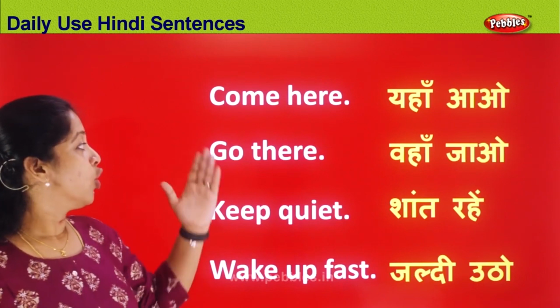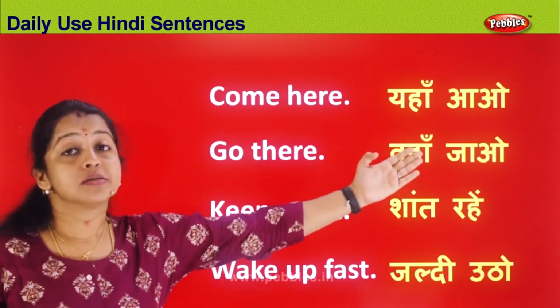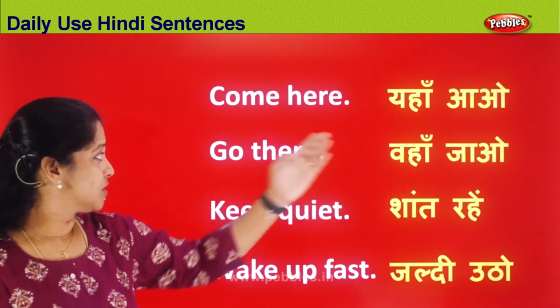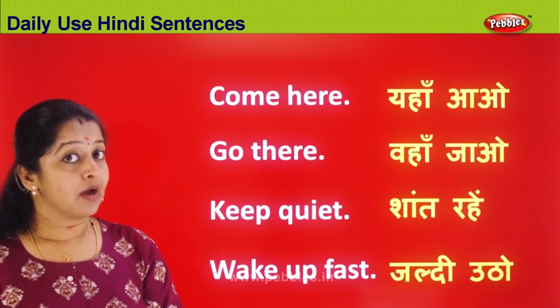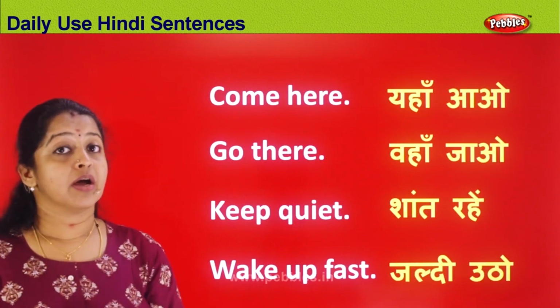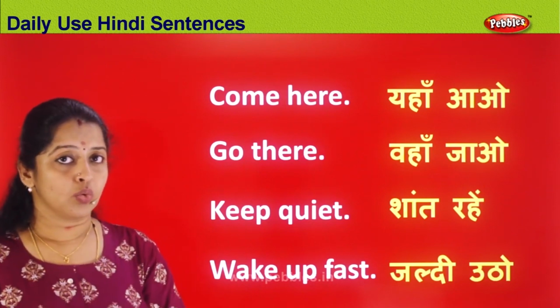Alright, next, go there. So go there can be said as wahan jao. Wahan stands for there and jao stands for go. Okay, we can say Monica wahan jao. Reena wahan jao. Lakshmi wahan jao.